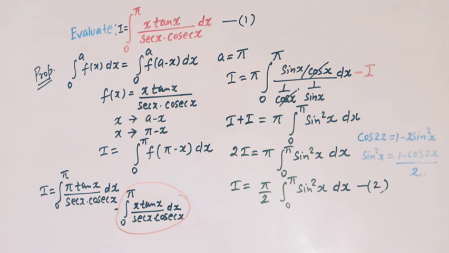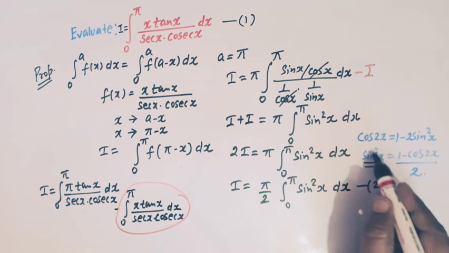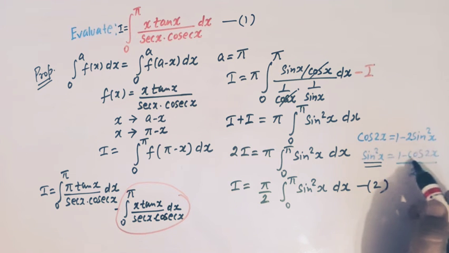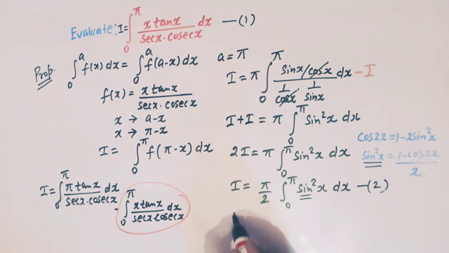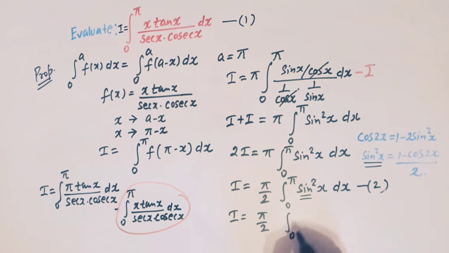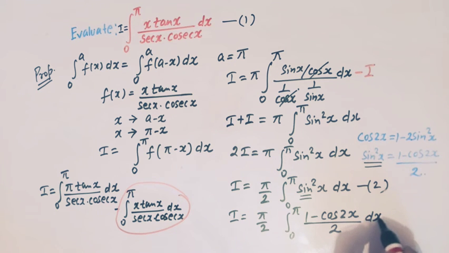Now we'll substitute sin square x equal to 1 minus cos 2x over 2 here, so I becomes pi over 2 times the integral from 0 to pi of 1 minus cos 2x divided by 2 dx, right?